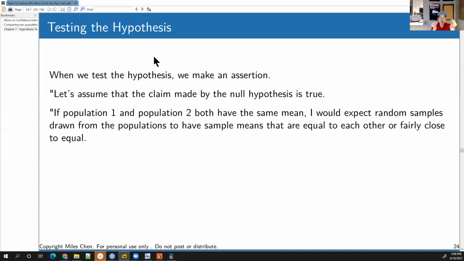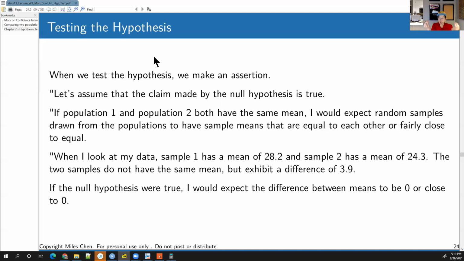If they're not exactly equal, they should be at least very close, because the hypothesis says population 1 has mean mu1, and that's equal to population 2's mean mu2. If I take a random sample from each, the mean of this sample and the mean of this sample should be pretty close to each other.